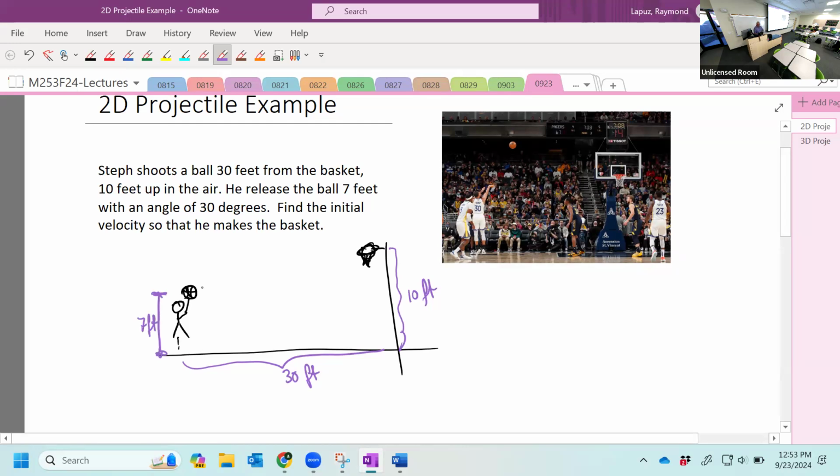And then this is going to be released at an angle of 30 degrees from the horizontal with a specific speed, where the specific speed is the speed that we don't know. I'll call it V sub 0 without the arrow to let you know that it is a constant. And I think that's what's given.